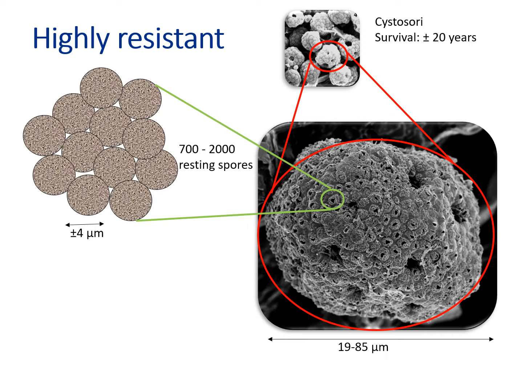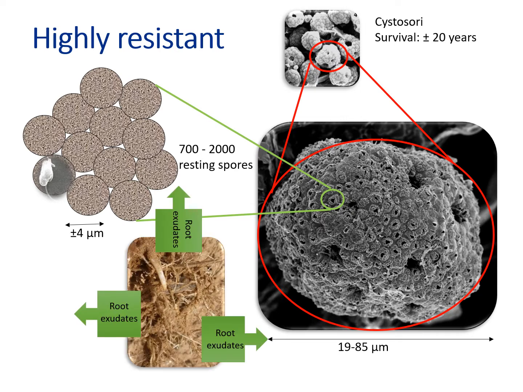And if we look again at an individual resting spore, each resting spore contains a zoospore. I'm sure that most of you know already zoospores are infective structures of many pathogens, and they have flagella, which allows them to swim through any kind of liquid medium.